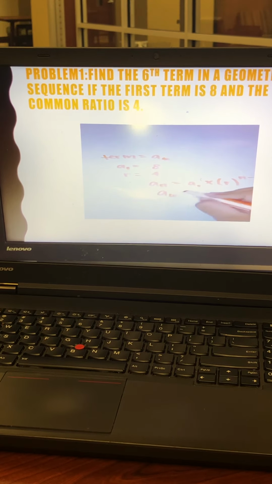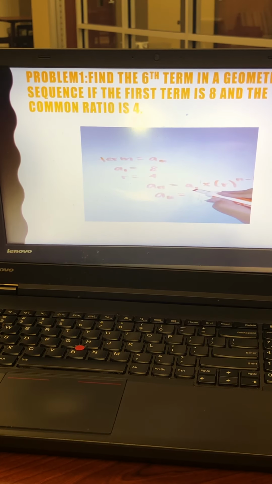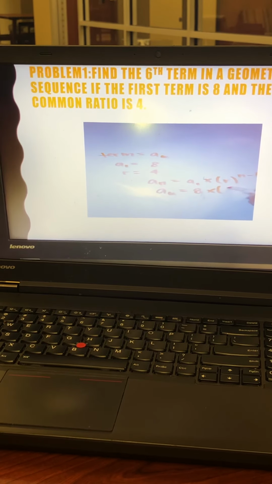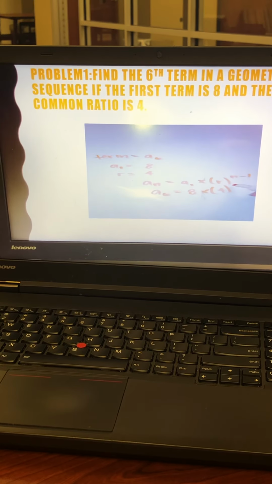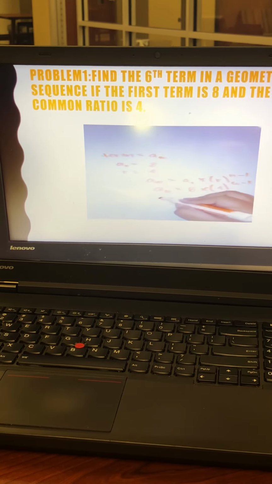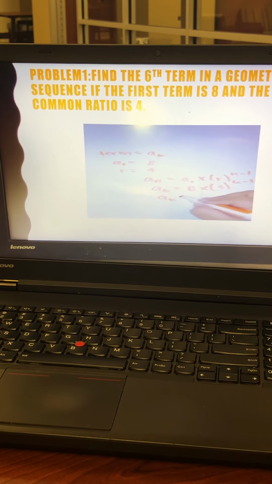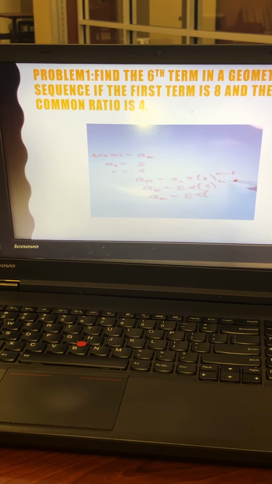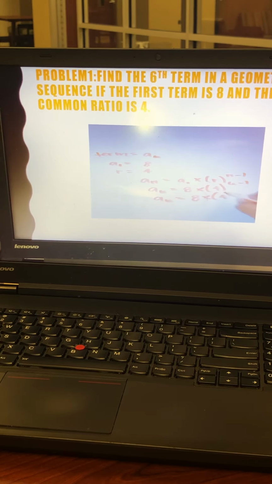So we have a sub 6, and a sub 1 is 8, times our common ratio, which is 4, raised to 6 minus 1. 6 minus 1 is 5.